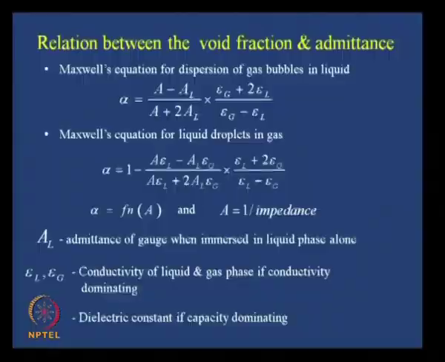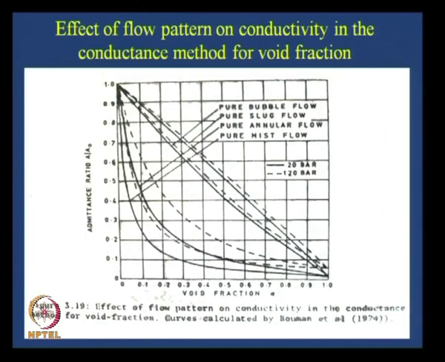Okay. Now, this particular figure is going to show you the effect of flow pattern on conductivity. From here you can very well see that even for the same void fraction, or even for the same admittance ratio, if we have bubbly flow, we have one void fraction, and if we have annular flow, we get another void fraction.